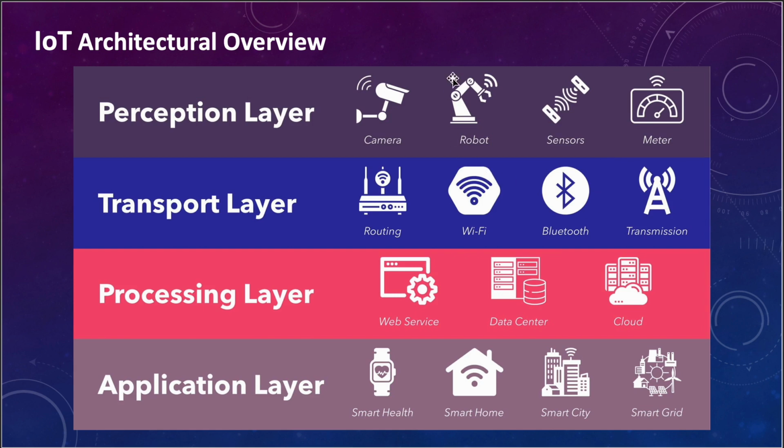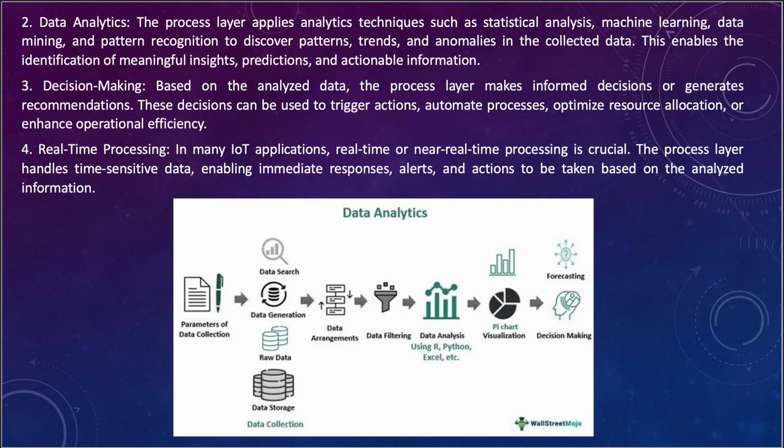But here, the perception layer is there to address the physical or hardware components which are specific to IoT itself, which means IoT devices. So we talked about the perception layer and the transport layer. Now we are heading to processing itself, right?